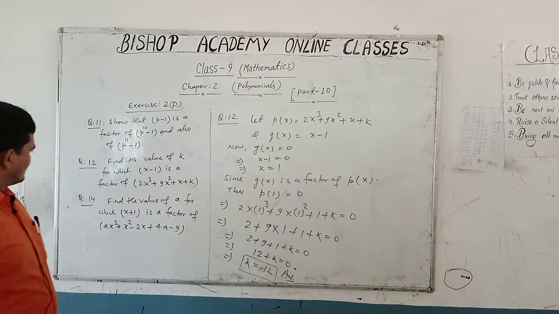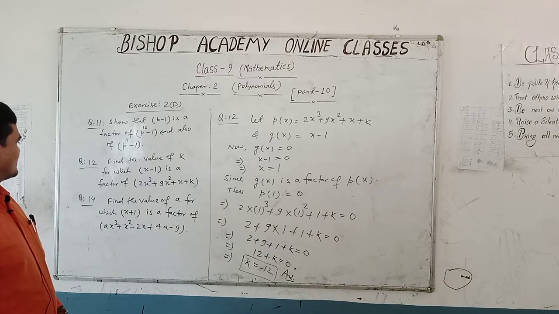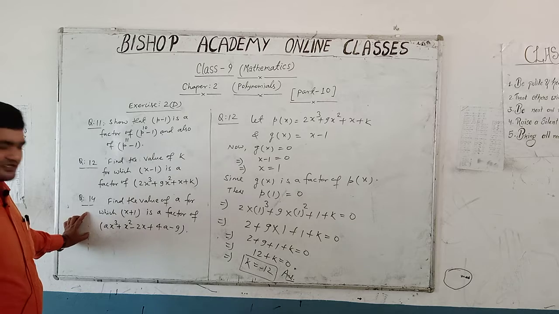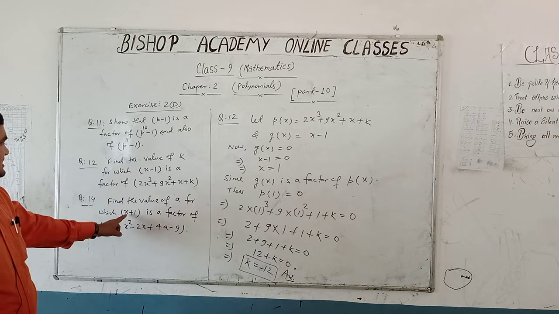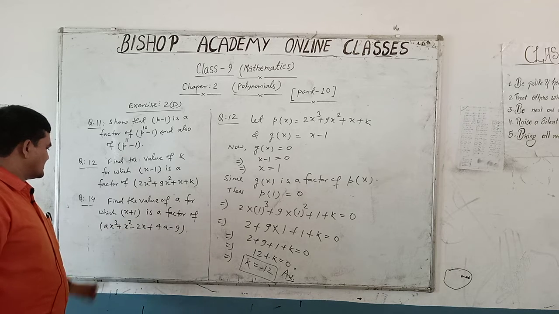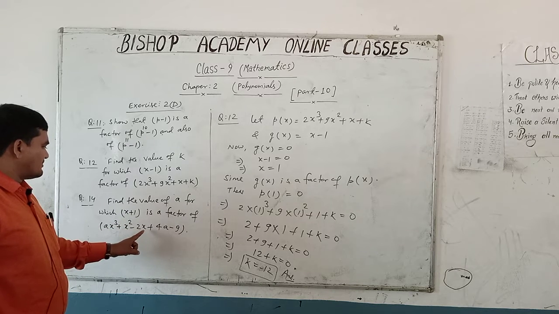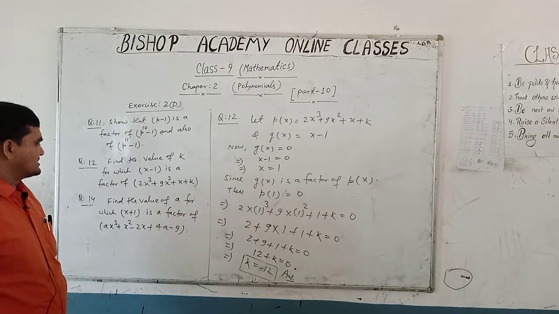Now student, we will solve question number 14. And in question number 14, we have to find out the value of a for which x plus 1 is a factor of ax cube plus x square minus 2x plus 4a minus 9.